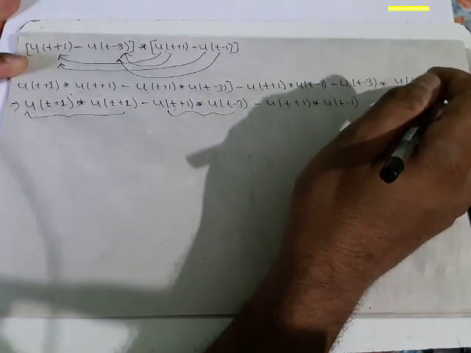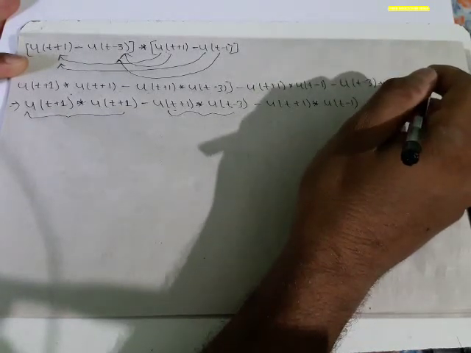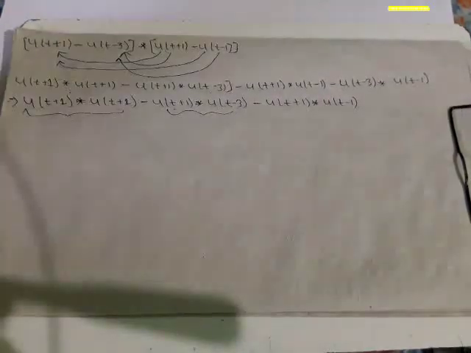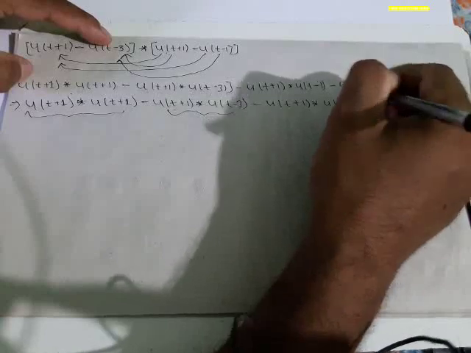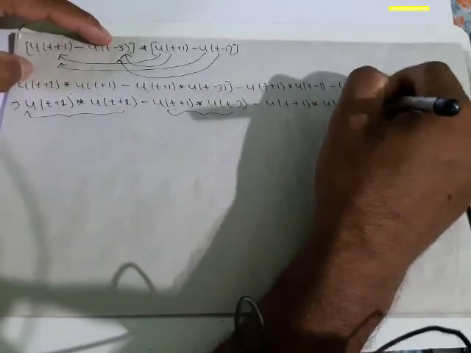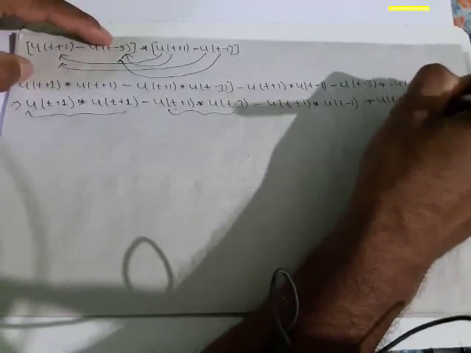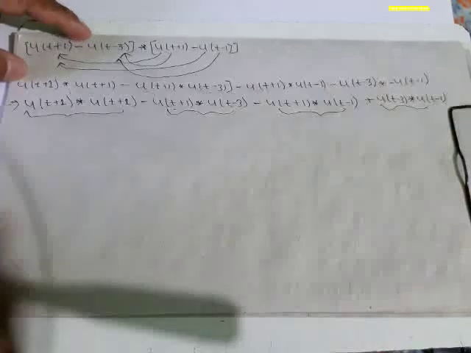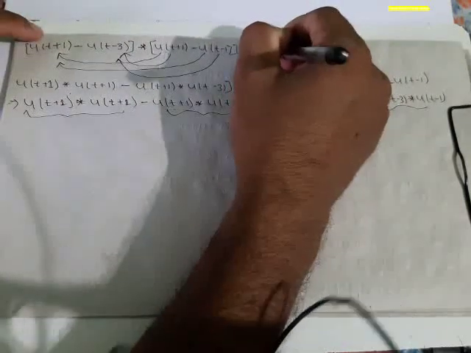So if we draw this signal, we'll get what? r of t plus 2, it is shifted by 2, t equals to minus 2. So from minus 2, slope of 1, m equals to 1, it's going up to 2, then slope is minus 1.